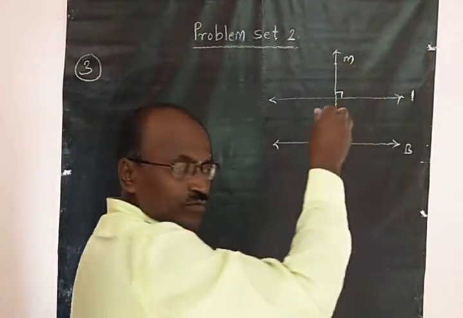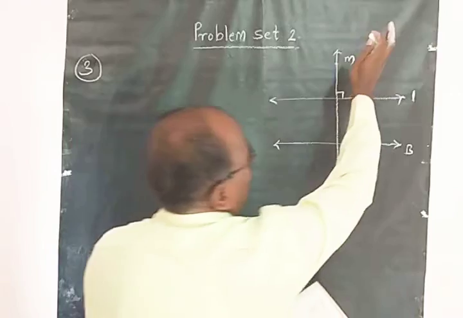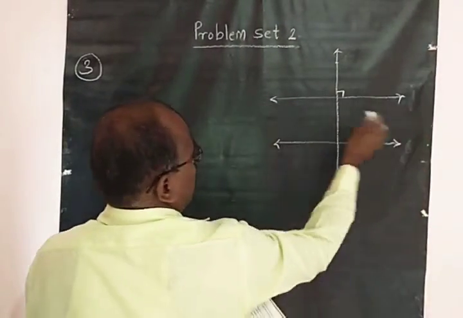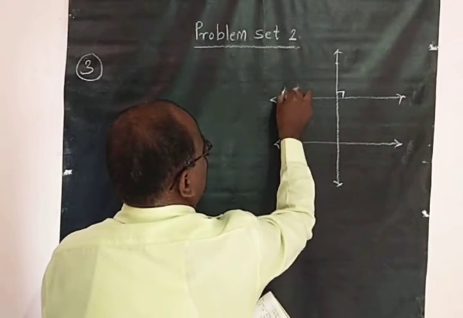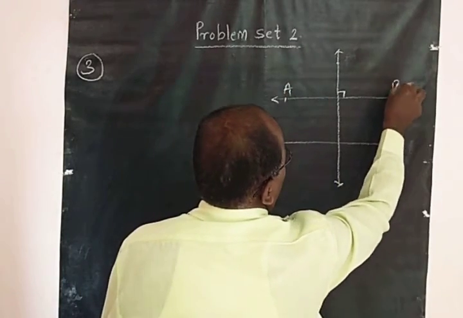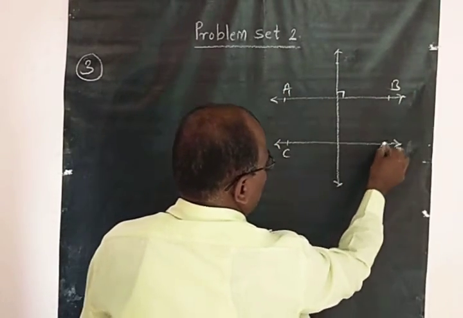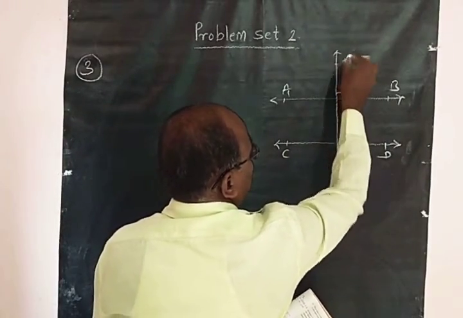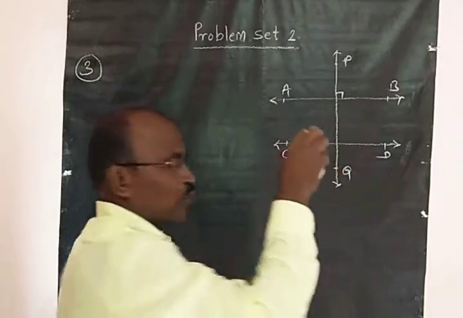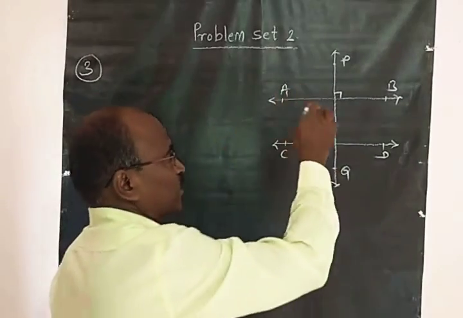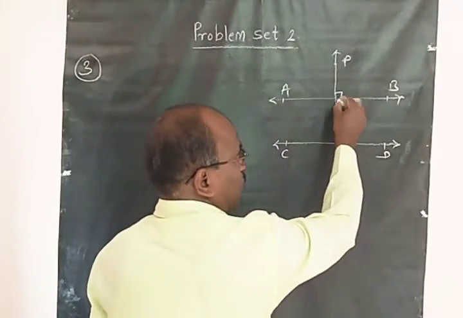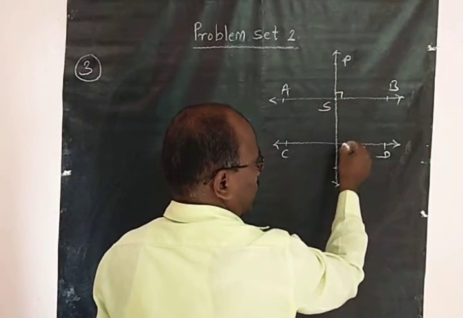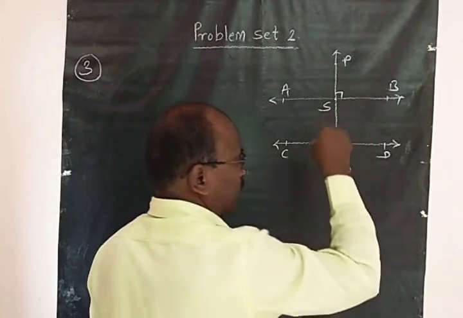That means line AB and the line CD. These two lines are parallel, and line PQ is the transversal which intersects the line AB at point S and at point T here.